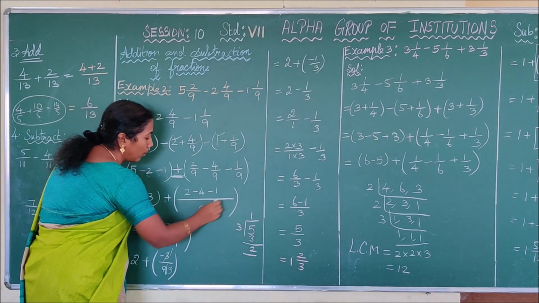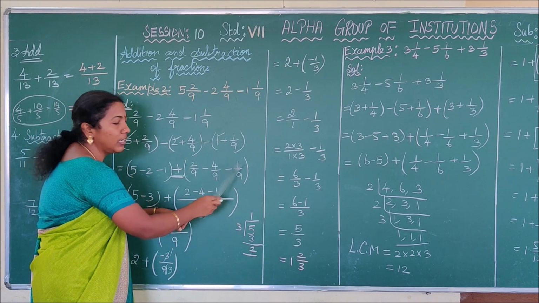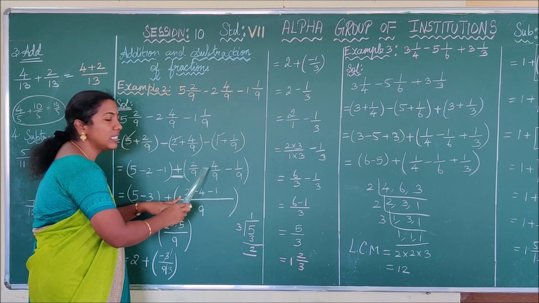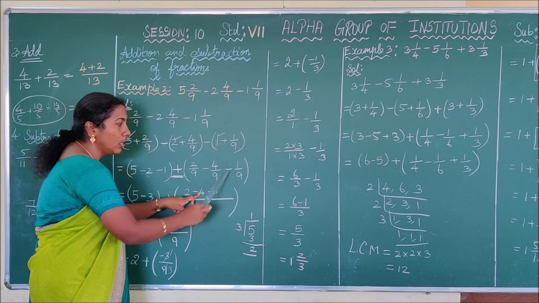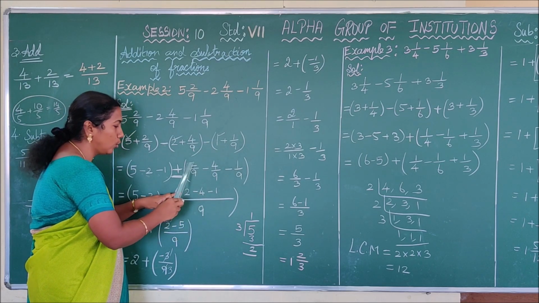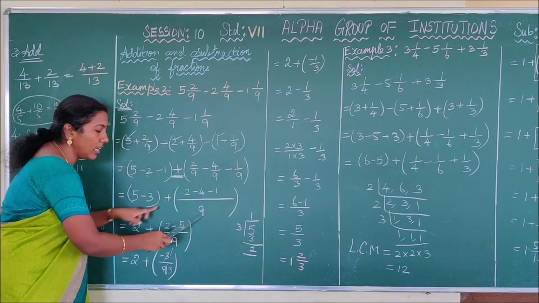So put your one bar and put the denominator only one time. And now we have to evaluate the numerator. You have to write the numbers along with the symbol. See here 2 minus 4 minus 1. It's clear children? 2 minus 4 minus 1 divided by 9.